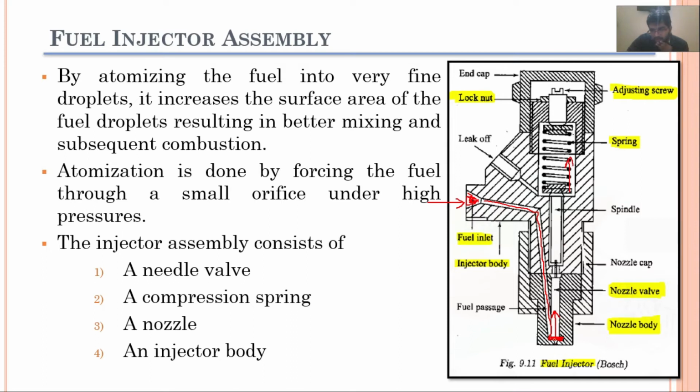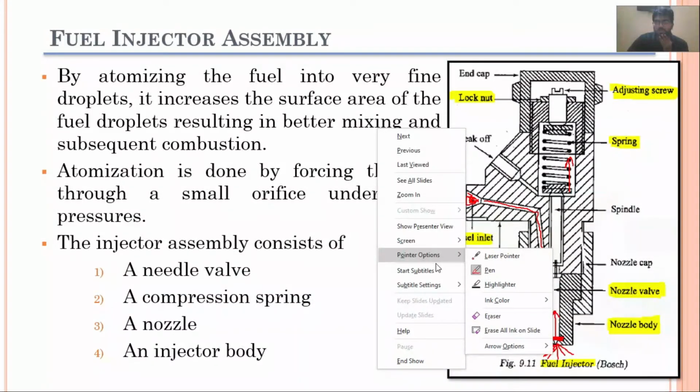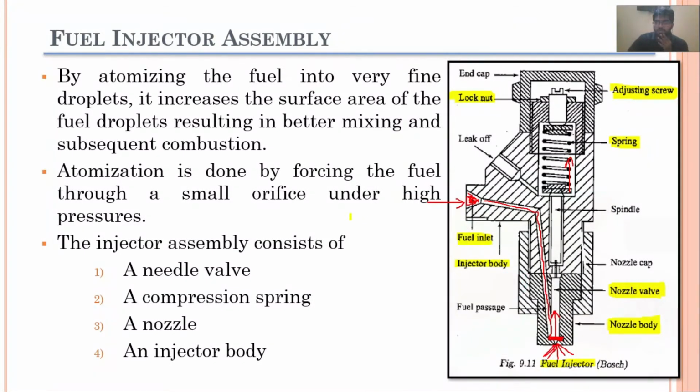After that, the fuel which is accumulating here, since this nozzle valve has opened now, will be injected into the combustion chamber. This is how our fuel injectors basically operate. This was the simple working of the fuel injectors.